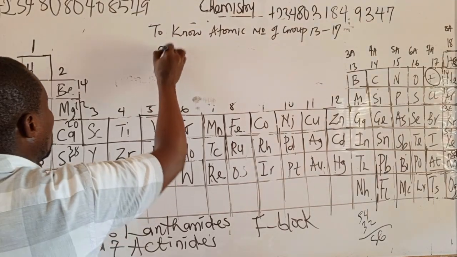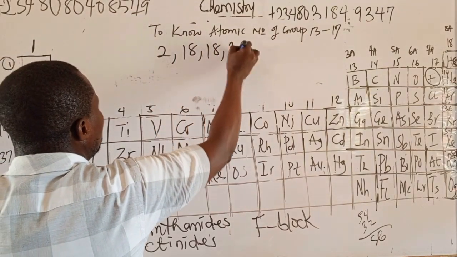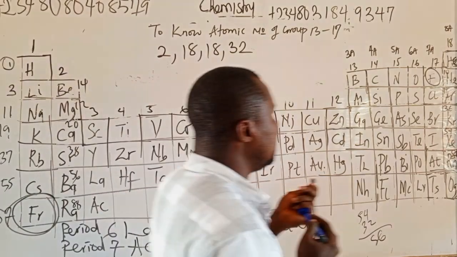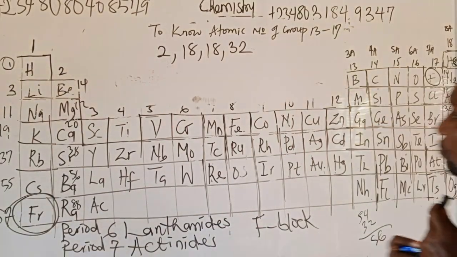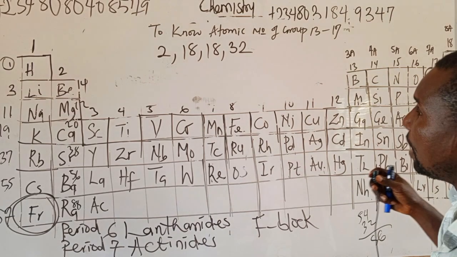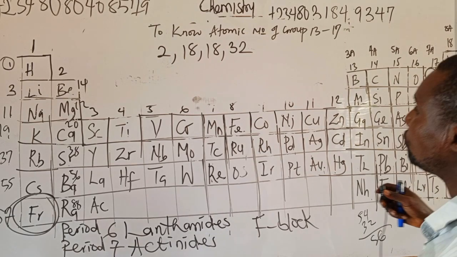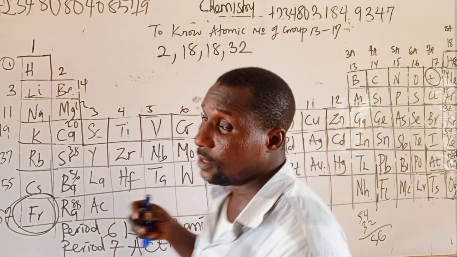The special number is 2, 18, 18, 32. To know this atomic number is 2, 18, 18, 32. Let us look at that.